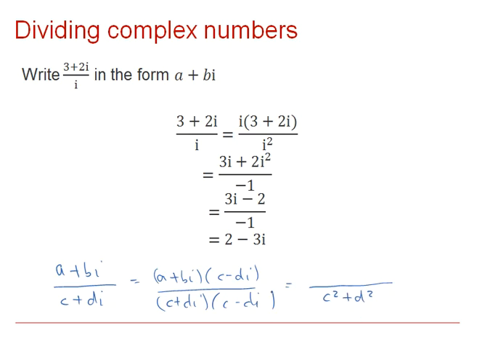We just have to work out the top line, whatever that might be, divide by that real number, and that will then give us a complex answer in the form, let's call it x plus yi, whatever that might be.